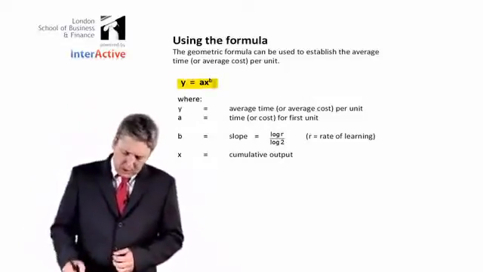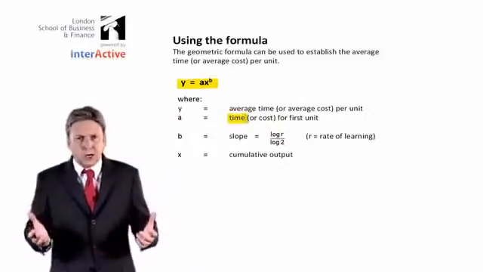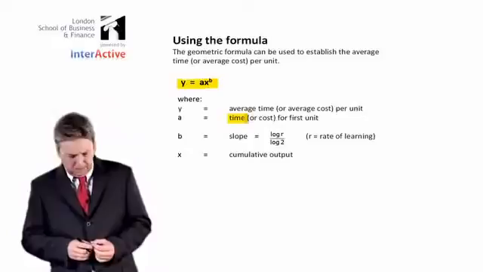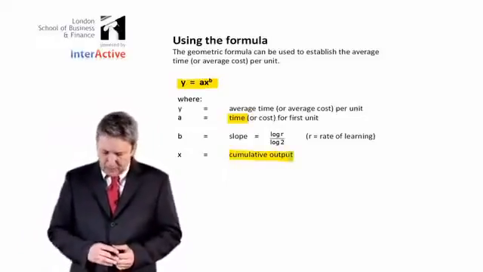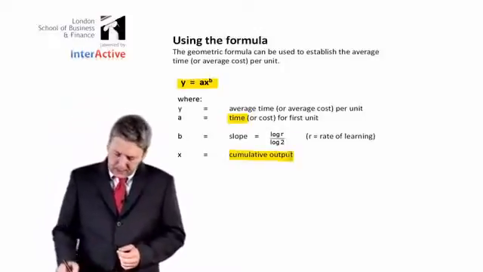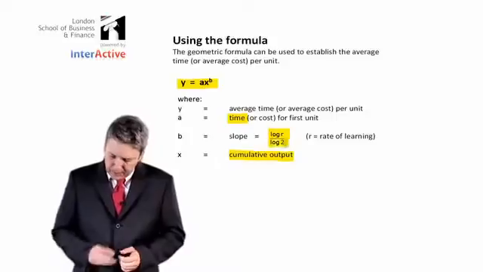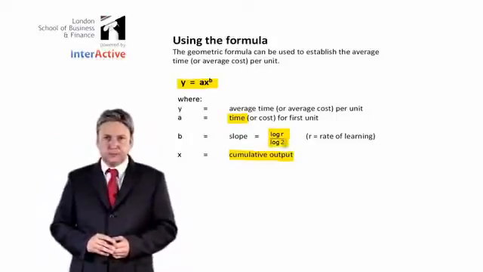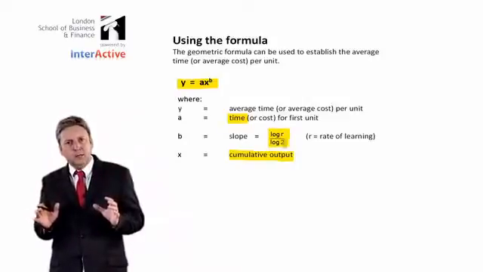Very straightforward, where a is the time taken for the first unit. You could say cost, but I always work in time myself. x is the cumulative production or output, and b is the learning curve coefficient, which is the log of the rate over the log of 2. So we'll see how this works in a moment.